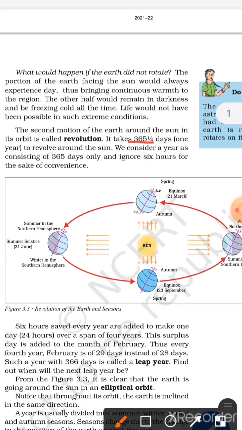Because one day is of 24 hours and its 1/4 is 6 hours. So Earth takes 365 days and 6 hours to complete one revolution.